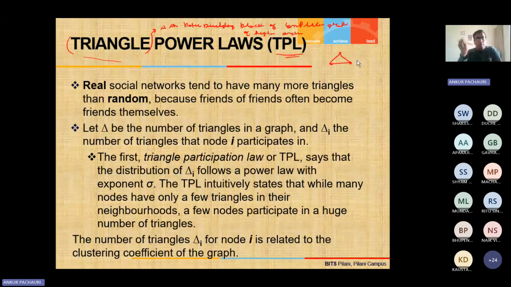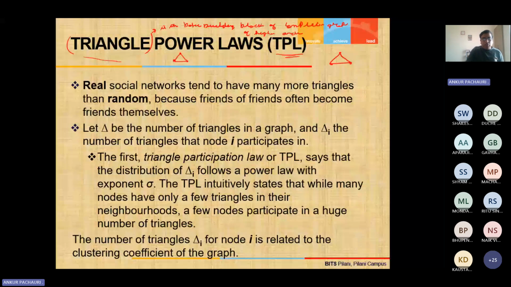A single node by itself is a complete graph of one node. An edge is a complete graph of two nodes, but there's no cycle in it. With a cycle in it, the triangle is the first complete graph. That's why the triangle is important.